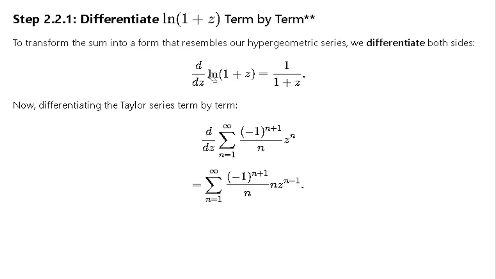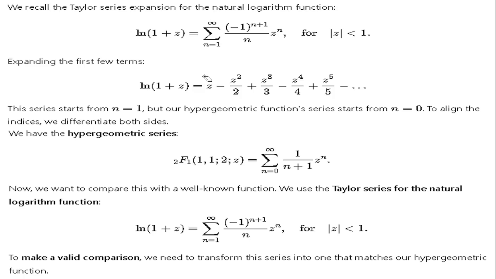Are you with me? Yes, sir. Remember that the differential of this is equal to this. Perfect. So we have differentiated the first side. Now we differentiate this side, and we have 1 all over 1 plus z. Next, we have to differentiate this side now, right? Okay, sir.